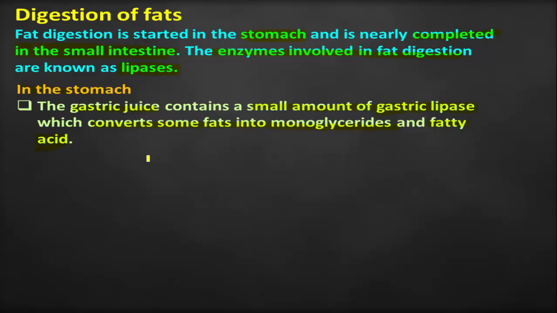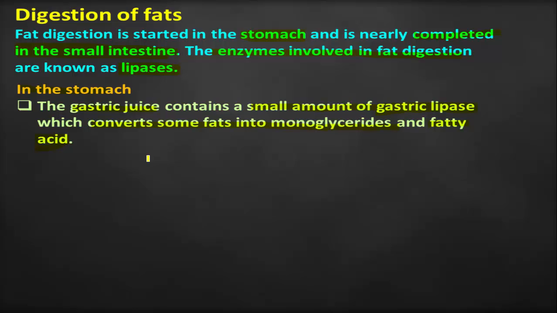Gastric lipase acts on the fat molecule before emulsification, because emulsification is carried out by bile salts, and bile salts are present in the bile juice, which acts on the partially digested food in the duodenum part of the small intestine.